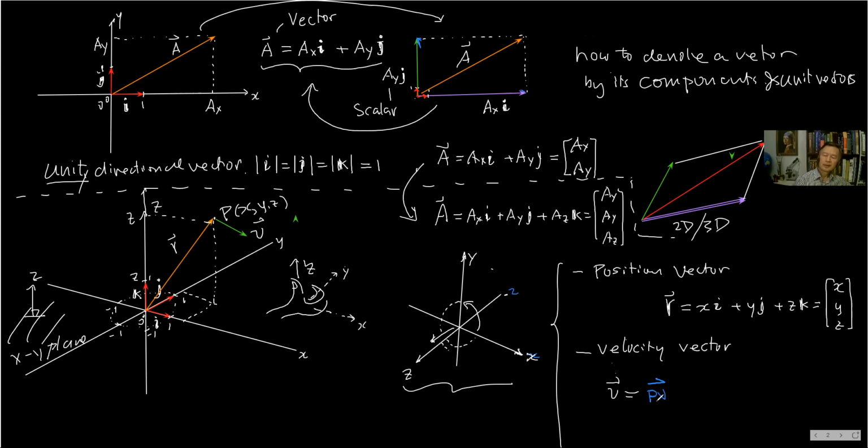Before that, what is the relation between V and R in physics? Assuming X is a function of time, and also Y is a function of time. So what is the relation between the position and the velocity? By definition, what is the velocity?